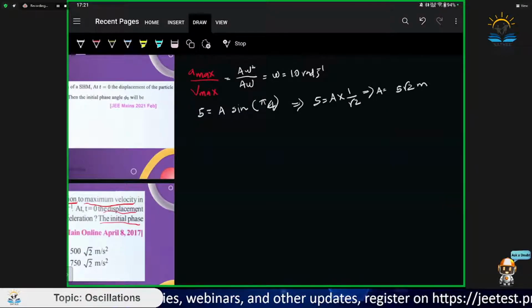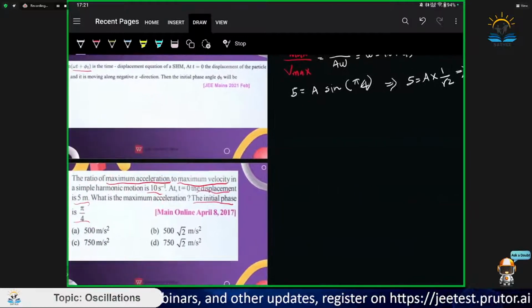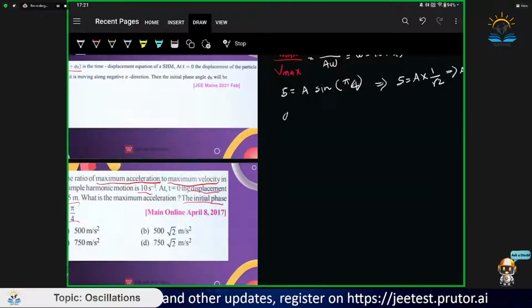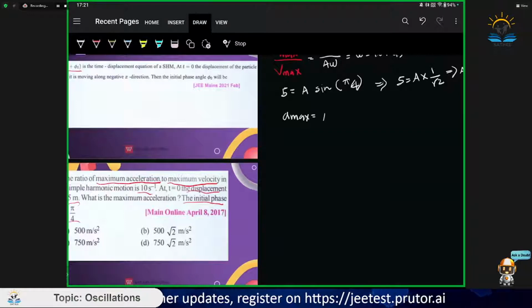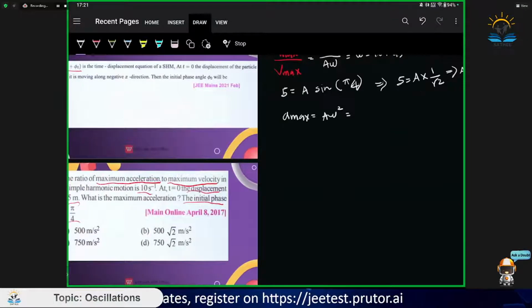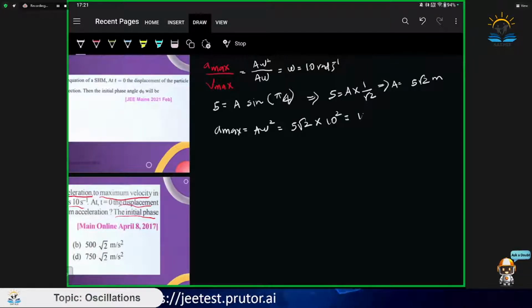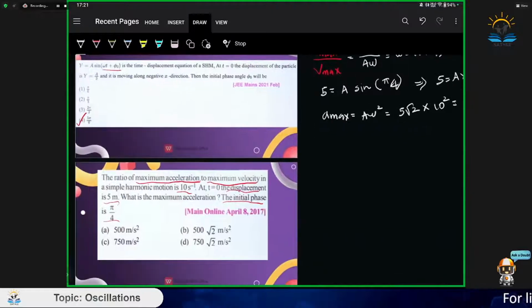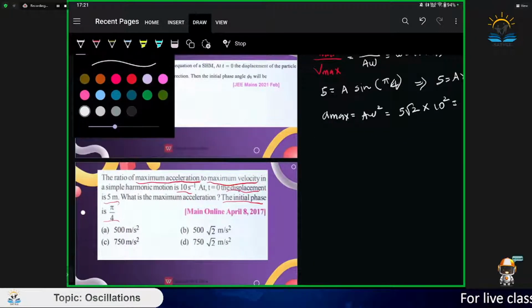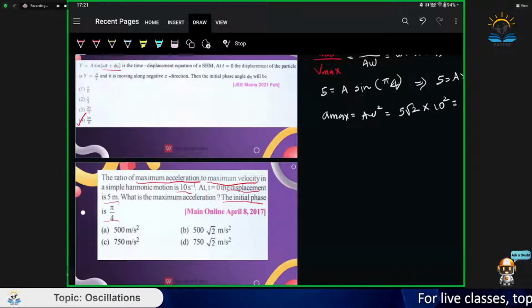Right, so we got A, we got omega. We have to find out the maximum acceleration. So maximum acceleration is A into omega square. A is 5 root 2, so 5 root 2 into 10 square. That is 100 into 5 root 2, that is 500 root 2 meter per second square. 500 root 2. Which option? Yeah, option B will be the correct answer.